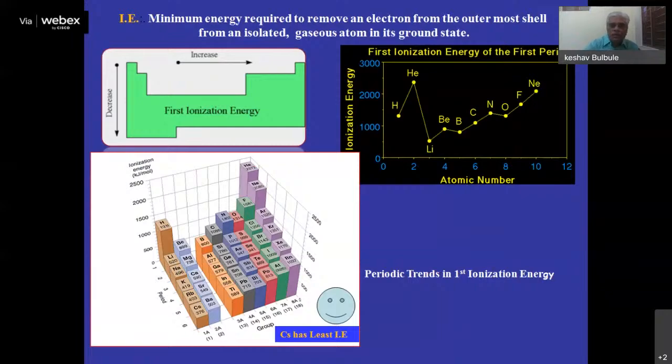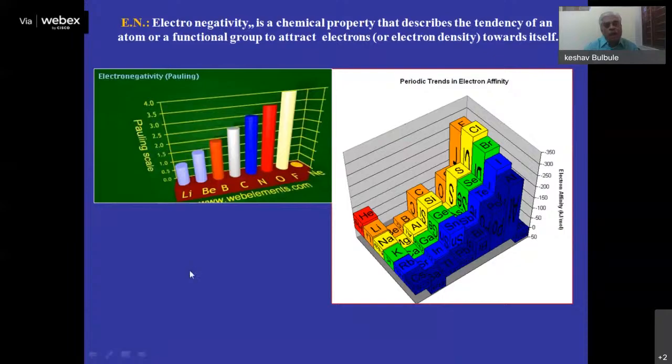Then we have got another property of any element just opposite to the electropositivity. This is called electronegativity. What is this electronegativity? It is a chemical property that describes the tendency of an atom or functional group to attract electrons or electron density.